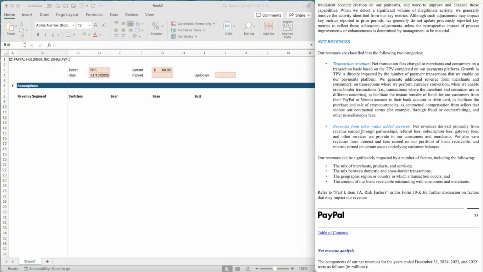Then revenues from other value-added services. Net revenues derived primarily from revenue earned through partnership, referral fees, subscription fees, gateway fees and other services we provide to our customers.